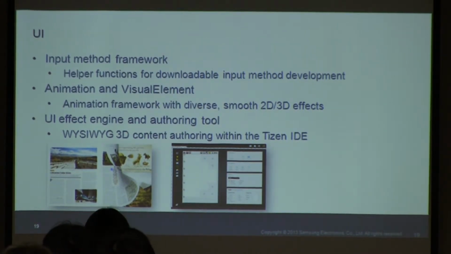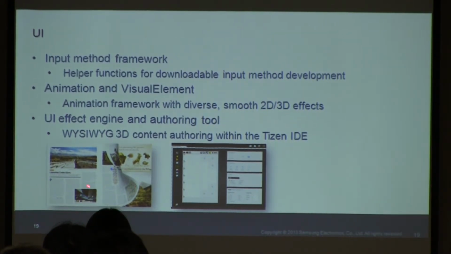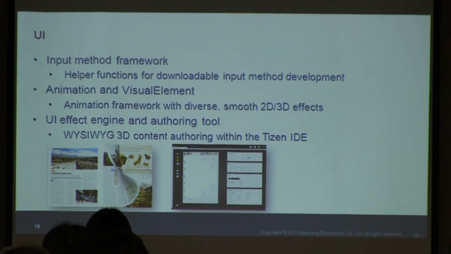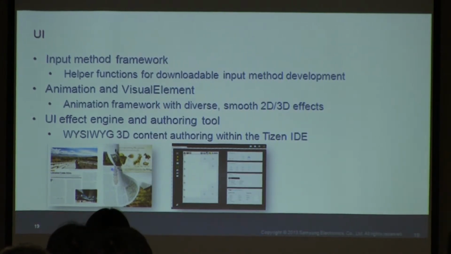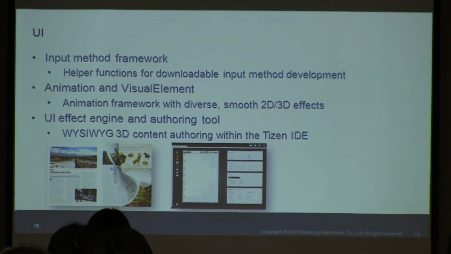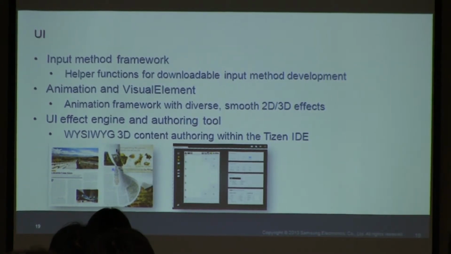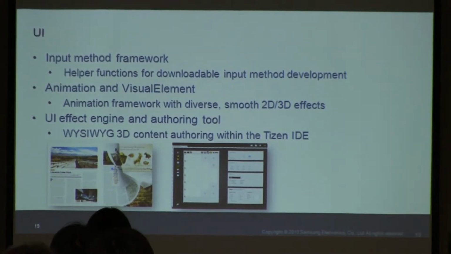You can build a tool to make UI effects when you want special effects, like a book effect when you go to the next page. Some 3D effects are possible with the UI effect editor, the UI effect design.